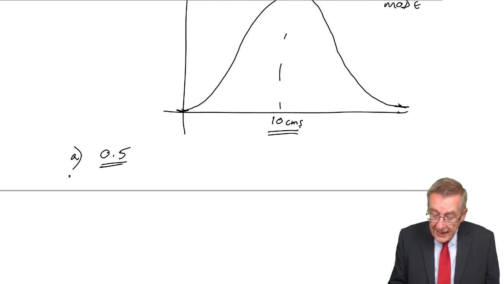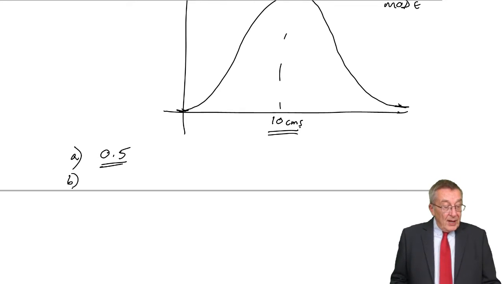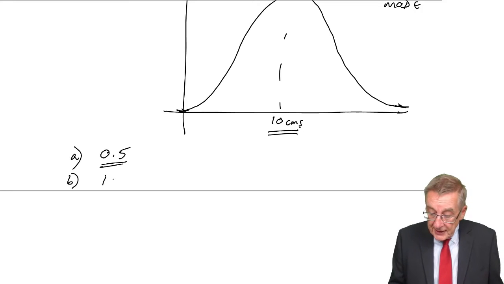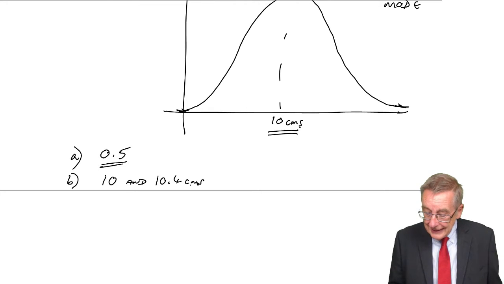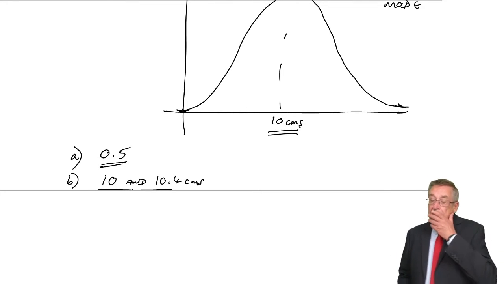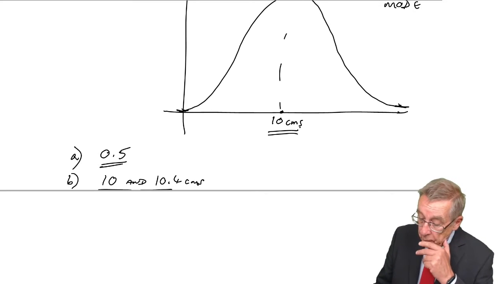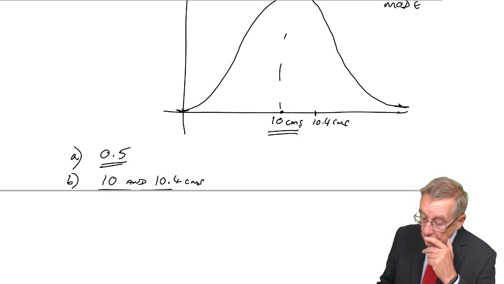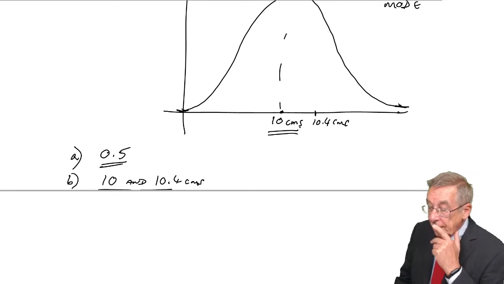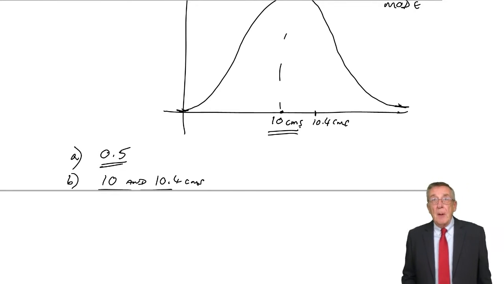But what about B? It says what proportion are between 10 and 10.4 centimetres? Well, 10 centimetres is the average. 10.4 centimetres, let's assume, is there. Well, think back to what I said about the histogram.